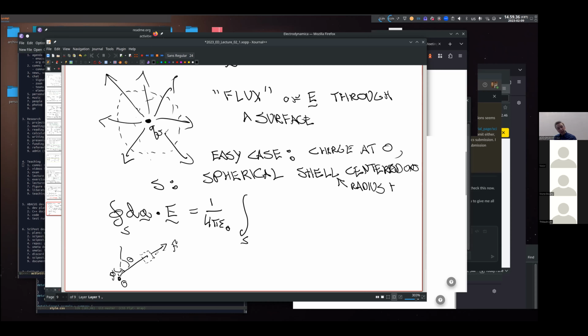The size of this side here is just r d theta, and this side here is r sine theta times d phi. I said I would use the curly phi to differentiate it from the potential later.